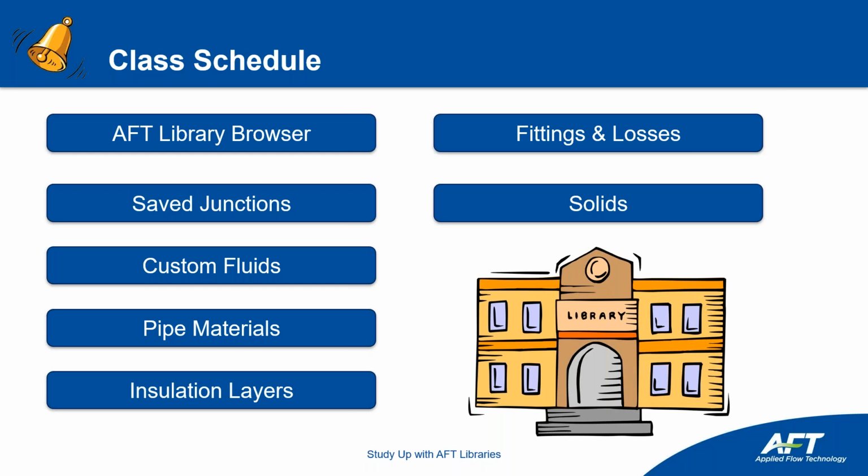We'll talk about creating custom pipe materials, then custom insulation layers, custom fittings and losses that are applied within the pipe property windows. And for our SSL settling slurry users, we will do a little bit of talking about solids libraries in the settling slurry module in Fathom and Impulse. So with all that, let's get right into it.